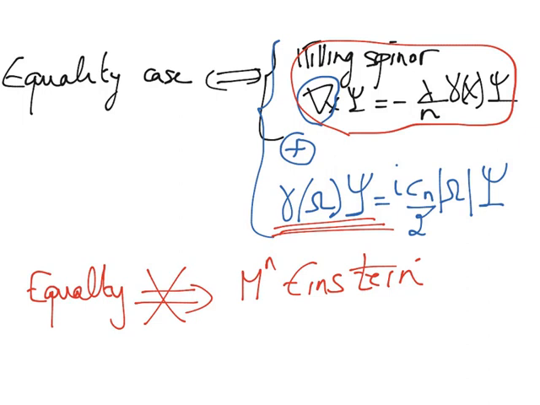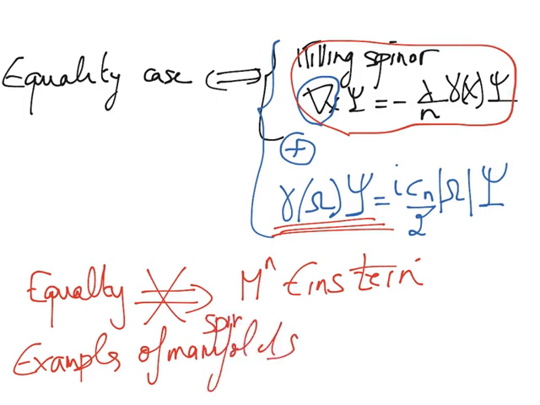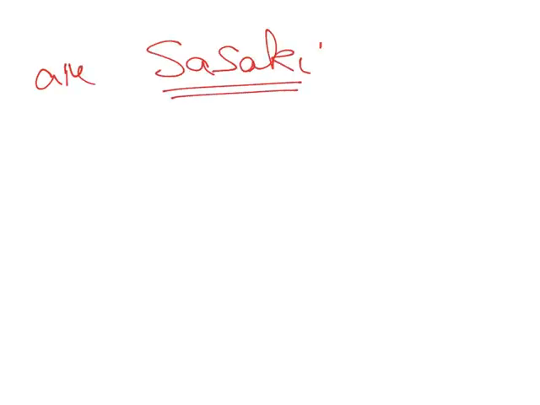So not all examples of Killing spin C spinors imply that my manifold is Einstein. So examples of spin C manifolds with Killing spinors are Sasaki manifolds. For example, the Berger sphere; any Sasaki manifold also has a Killing spinor.